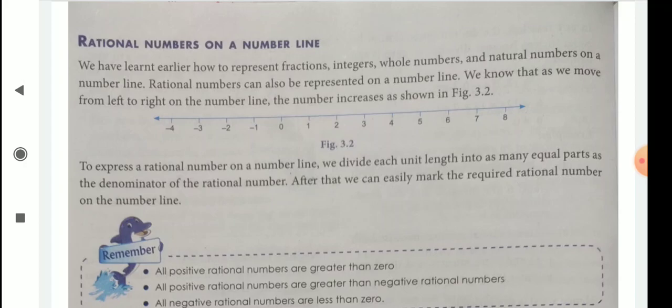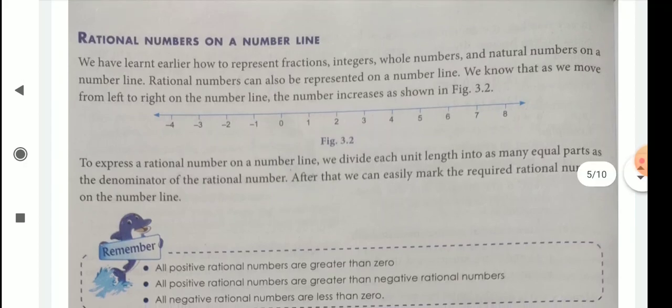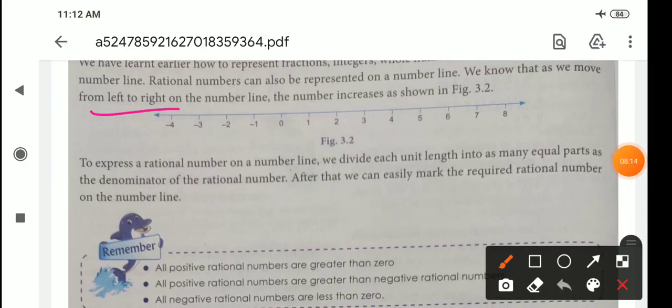We know that as we move from left to right, the numbers increase as shown. Children, if we move from left to right, all the numbers increase. Means minus 3 is greater than minus 4, minus 2 is greater than minus 3. Then 3 is greater than 2. Like this we proceed.